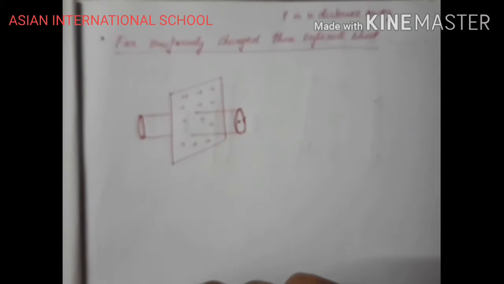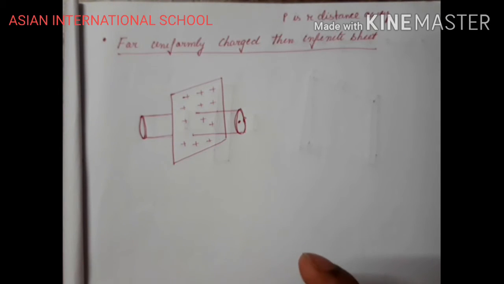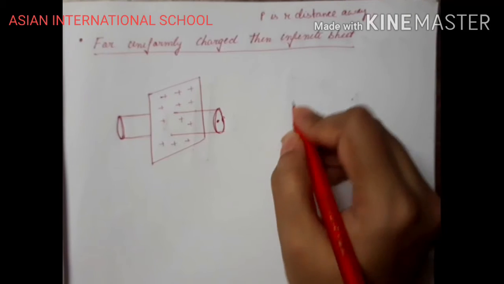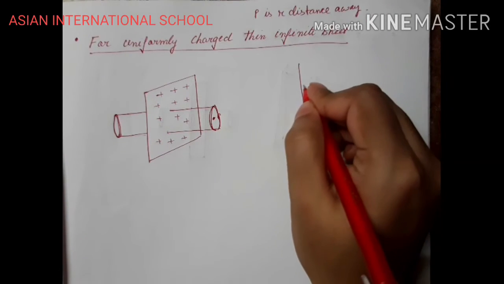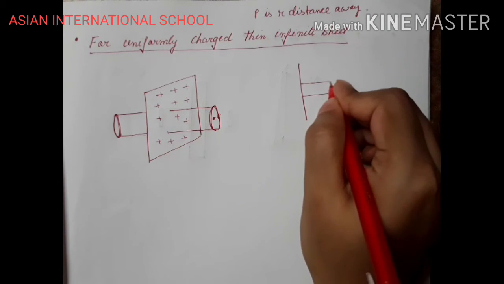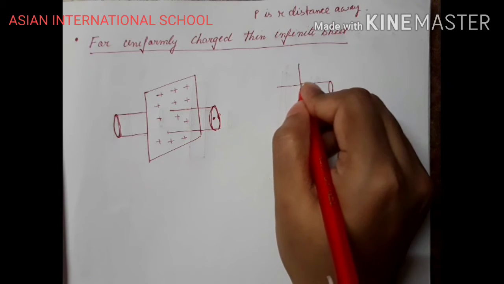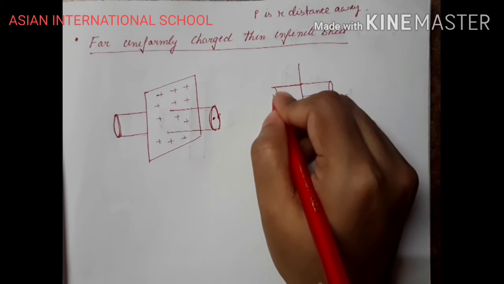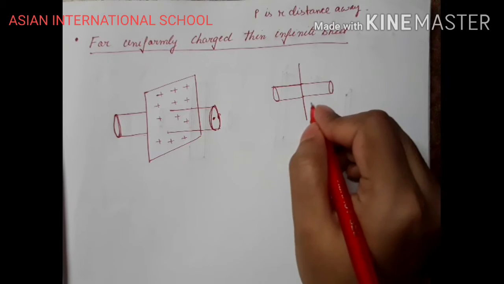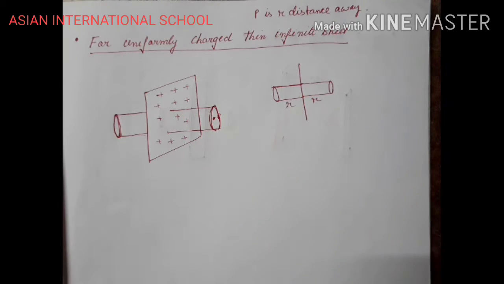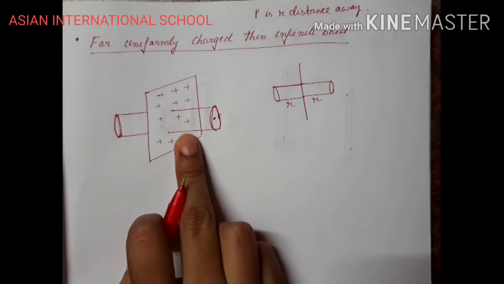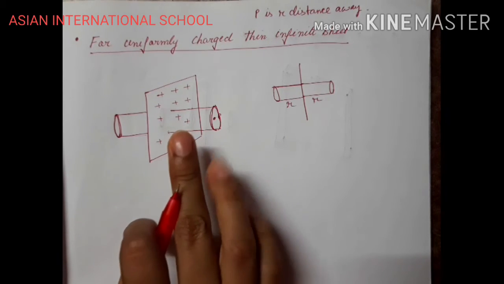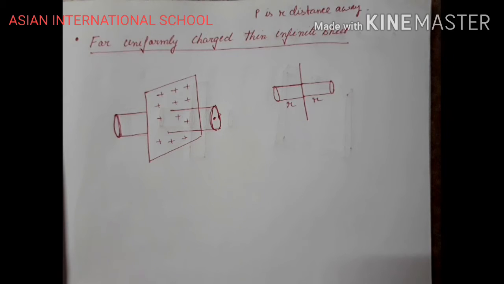It's a symmetrical surface. You are inserting a cylinder through the sheet. This is the sheet, having no thickness. So if this is r, this is also r distance away on both sides. Okay. So you are taking a cylinder as your Gaussian surface, and for this enclosed Gaussian surface, you will be calculating your electric field.